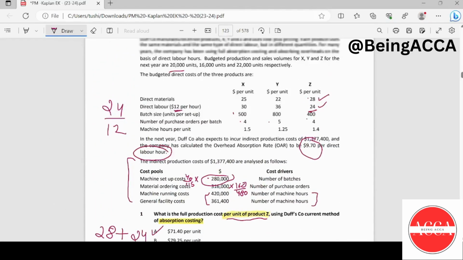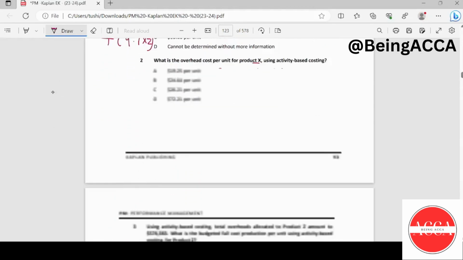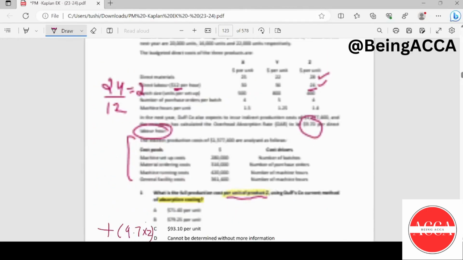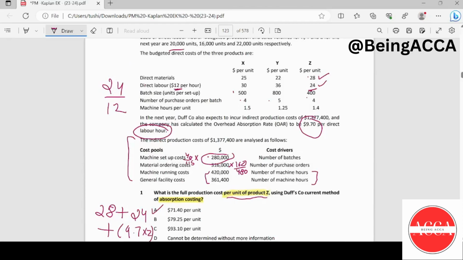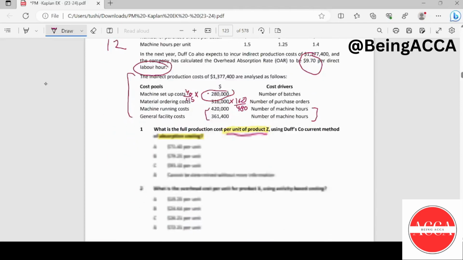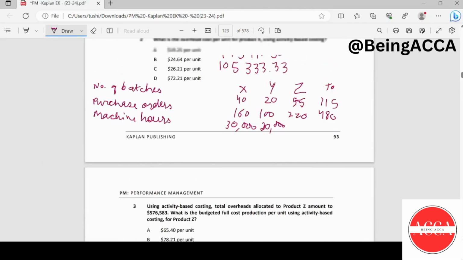Similarly, this is 1.25 for Y and we are producing 16,000 units. So this gives us 20,000. Then for Z, the same is 1.4 and you multiply by 22,000 units and this will give you 30,800 right over here, and totaling them up, 30,800 plus 20,000 plus 30,000 gives you 80,800.